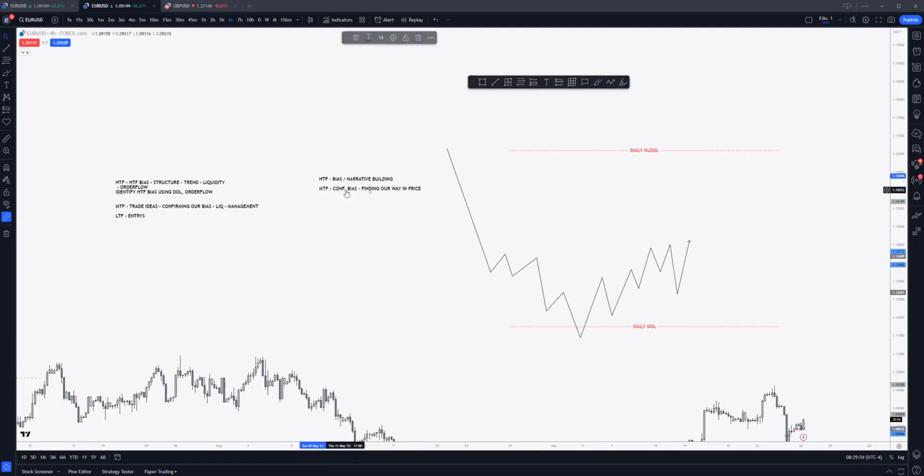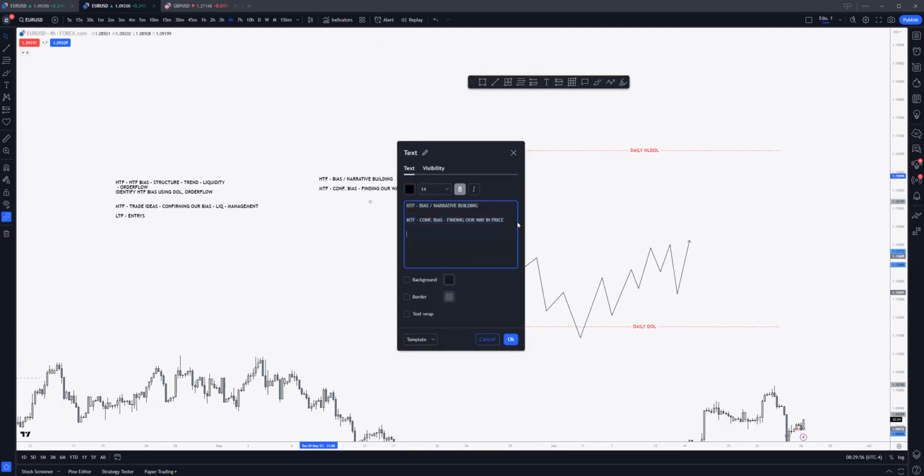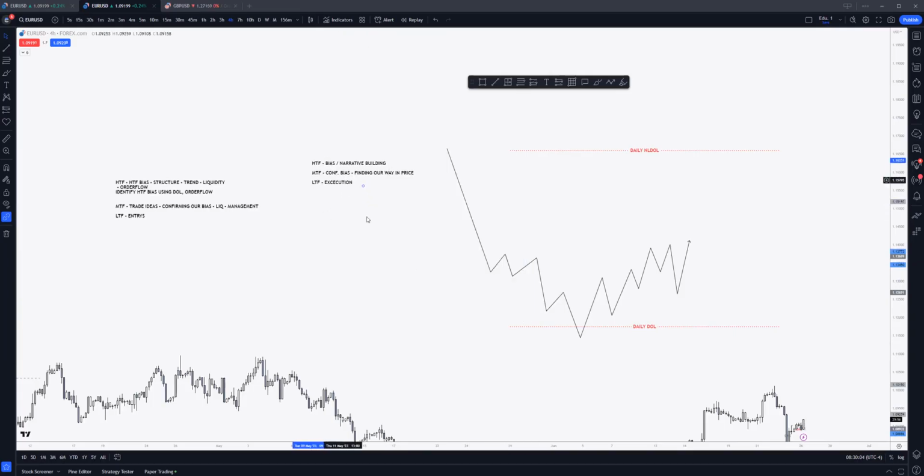Easy. Okay, and then the LTF is simply execution. Right? And that's it. And we've just covered that. So again, trade ideas are all generated on the medium time frame after they've backed the higher time frame narrative.